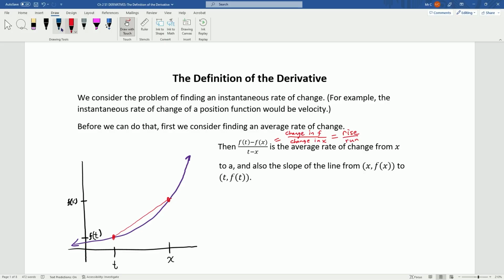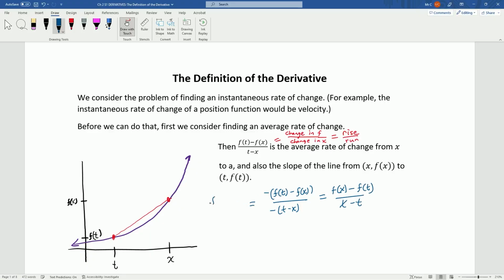Now, one thing I'll point out as a little bit of an aside here is that I've written this as f of t minus f of x over t minus x, and given that f of x is the larger value, it might be natural to get a little tripped up by that. Hey, shouldn't we take the bigger thing minus the smaller thing? But it actually doesn't matter, because if I put a negative in the top and bottom, I'm multiplying both the top and bottom by the same thing, and I would get f of x minus f of t over x minus t.